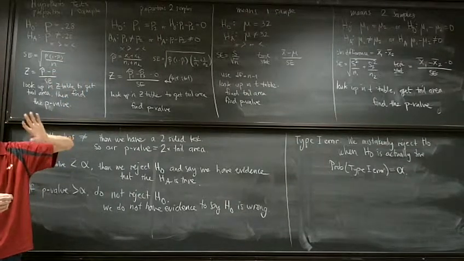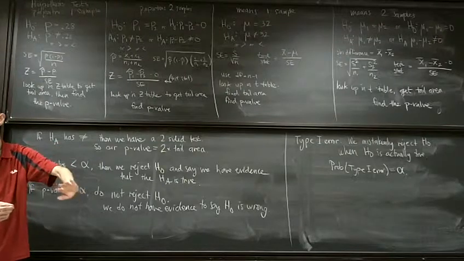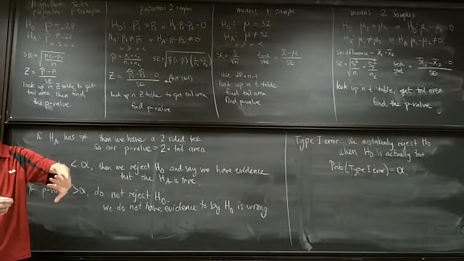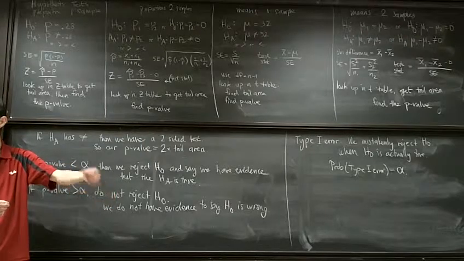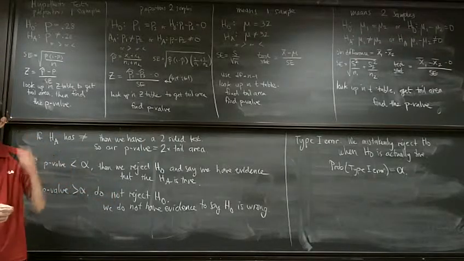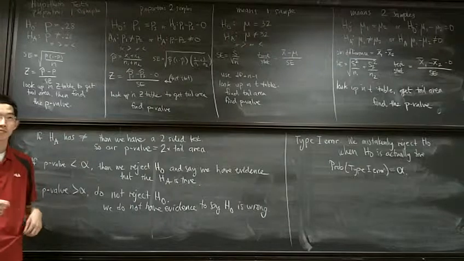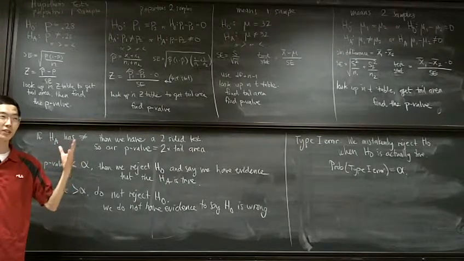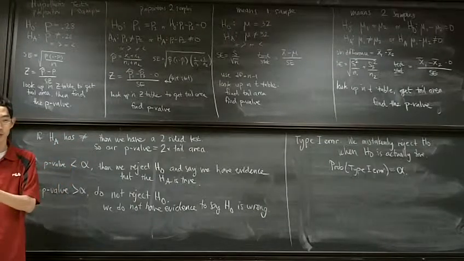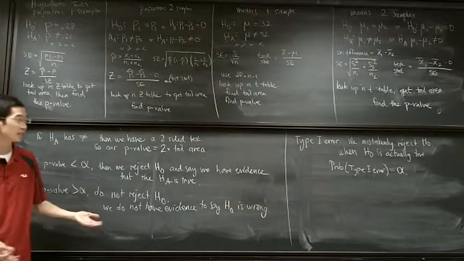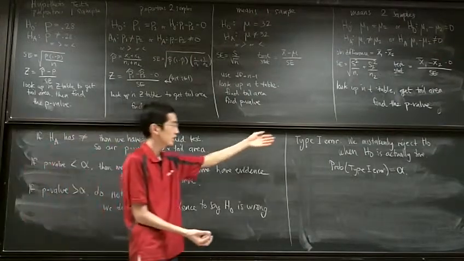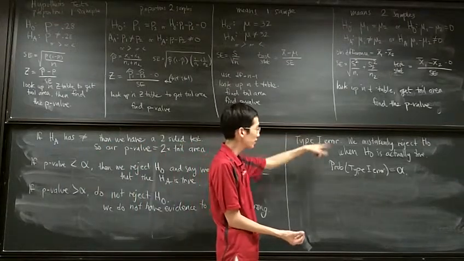But if your data for some reason leads you to reject the null hypothesis, but the null hypothesis was actually true, that's called a type 1 error. Sometimes based on the evidence you have, you make this decision, but then it turns out that was the wrong decision. And if your decision was to reject, that's a type 1 error.